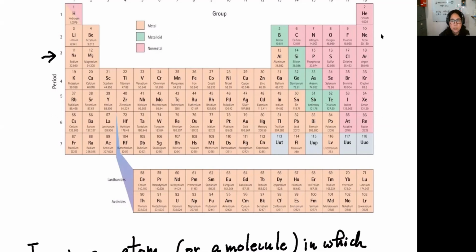What happened to those inert gases? The most right column: helium, neon, argon, krypton, xenon, radon. What happened to them? These most right column always have the electrons filled up all the way on the most outer shell. So they don't have any seats available. They're just nicely packed and they're very, very stable.